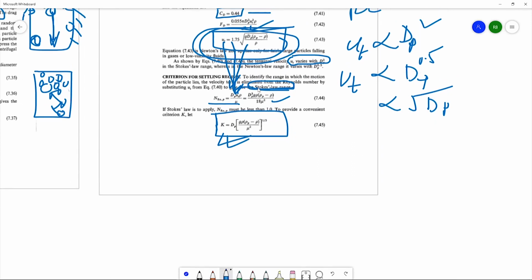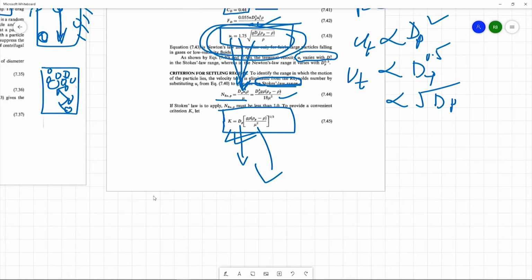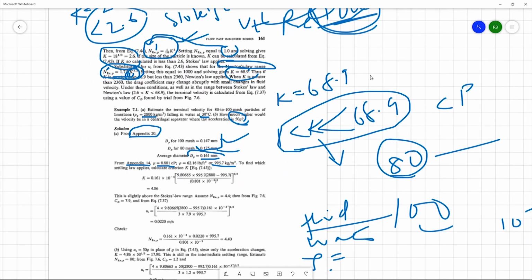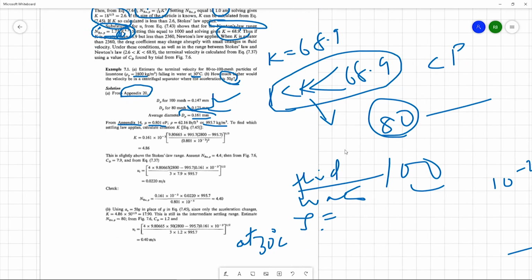Okay, so this was the formula: diameter of the particle just calculated, density of particle, and viscosity. First calculate the K. I think we don't need the angular velocity here; maybe we need it while calculating something else.